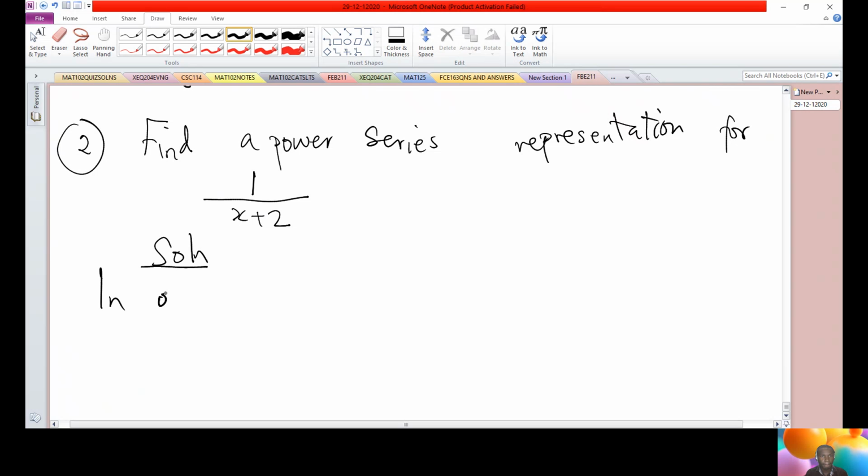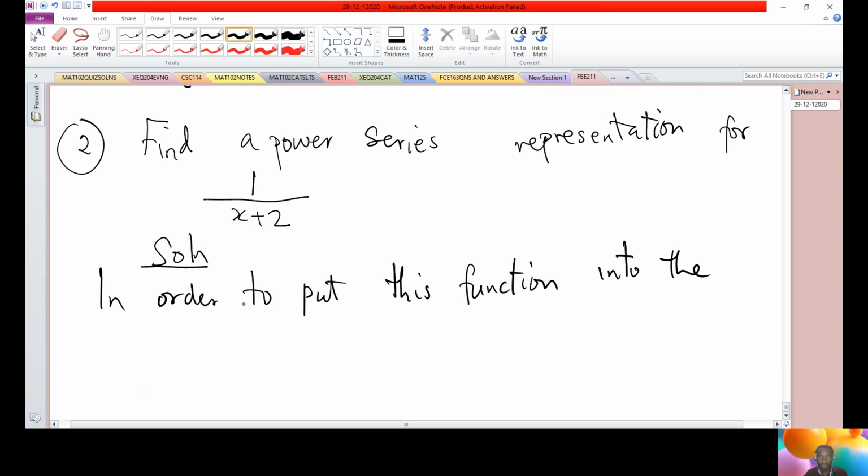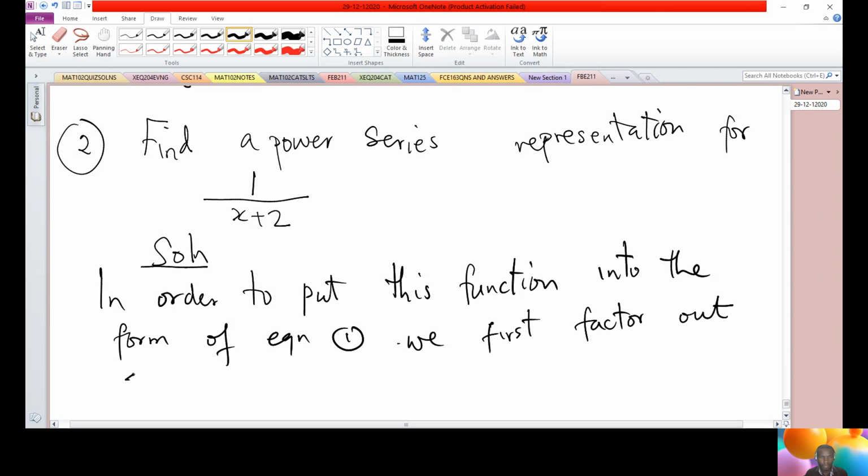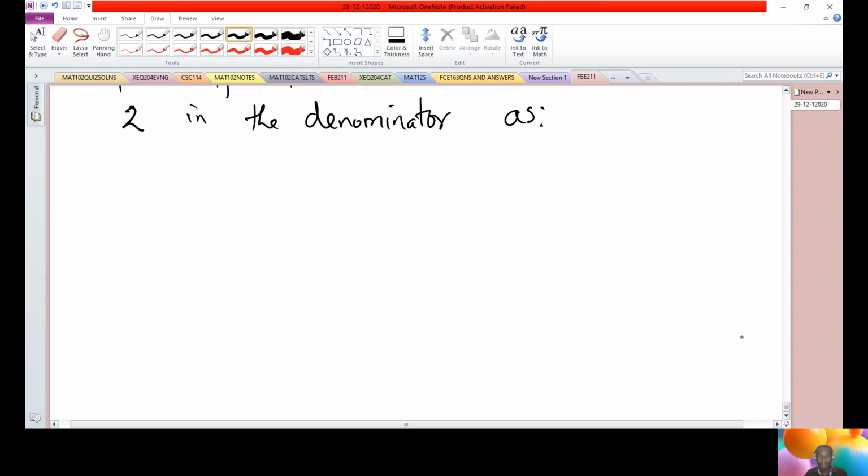In order to put this function into the form of equation 1, we first factor out 2 in the denominator.